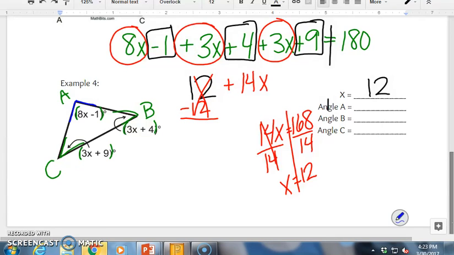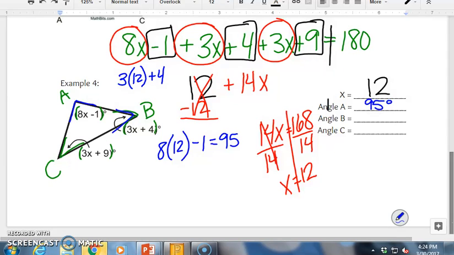So angle A, we're going to take 8 times 12 minus 1. So angle A is 95 degrees. We're going to do the same thing for angle B. So for angle B, we take 3 times 12 plus 4.